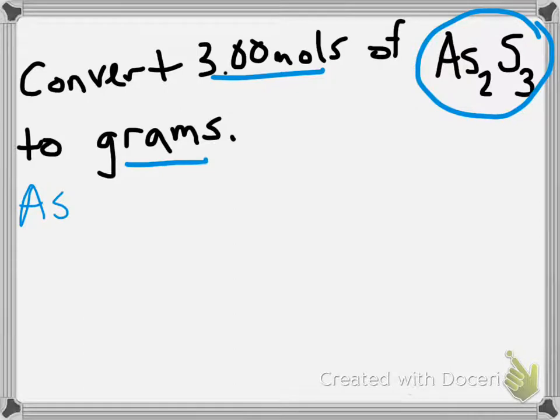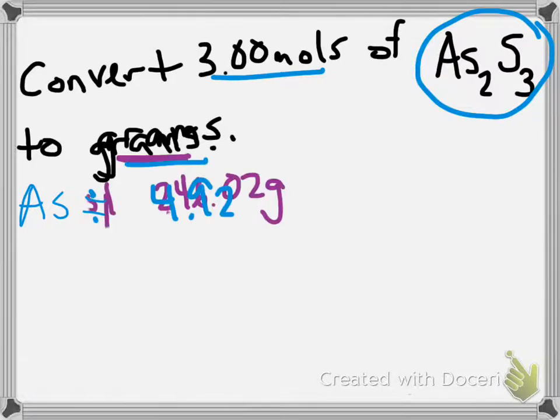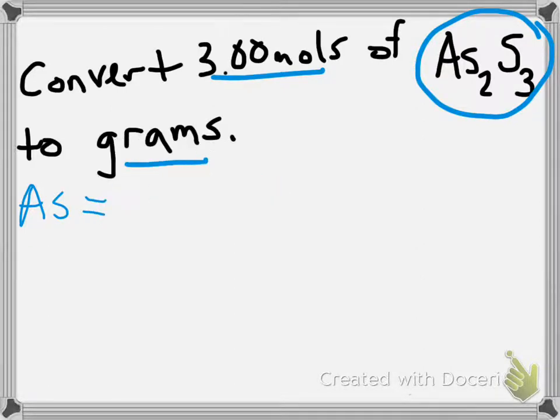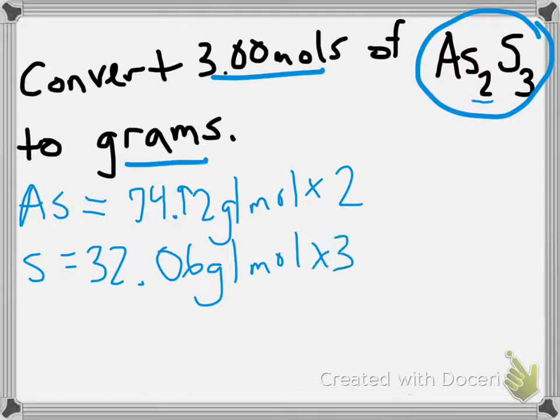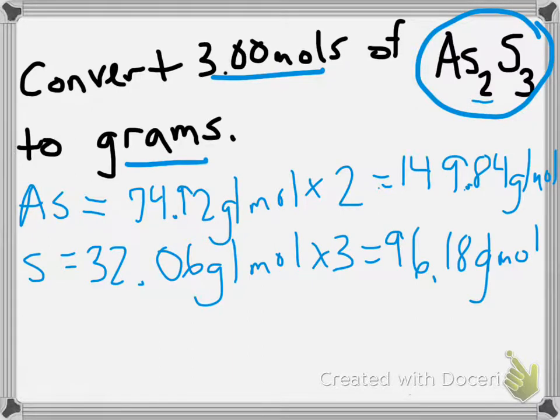Arsenic is number 33, it has a mass of 74.92 grams per mole, and sulfur is number 16, it has a mass of 32.06 grams per mole, and we have 2 atoms of arsenic in arsenic sulfide and 3 atoms of sulfur in arsenic sulfide. So we do that math out, and we get the following numbers.